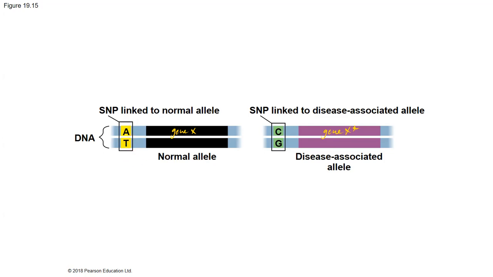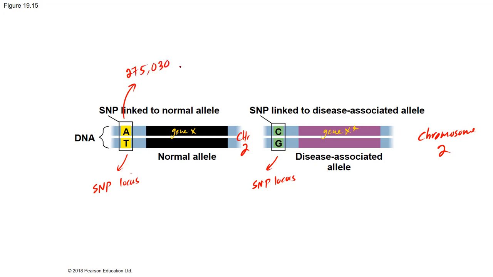Some SNPs, certain types of SNPs. So this is a SNP location, SNP locus. Locus means location. This is the same SNP locus. And this SNP is found, let's say, on chromosome 2, of course. And the location of this SNP within chromosome 2 is 275,030.